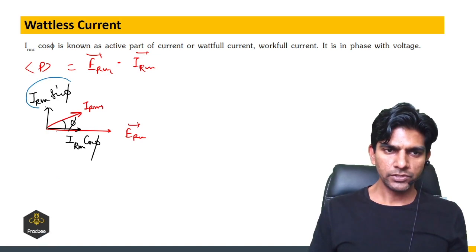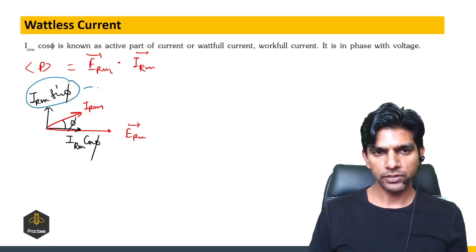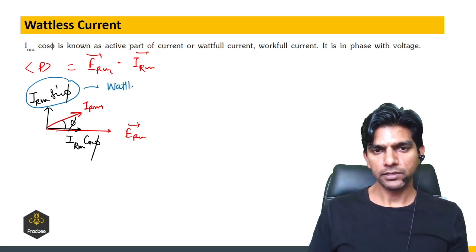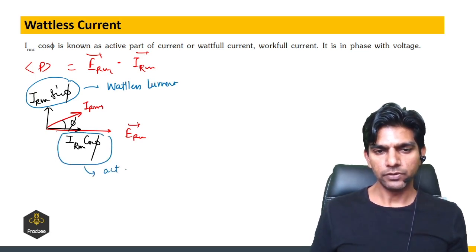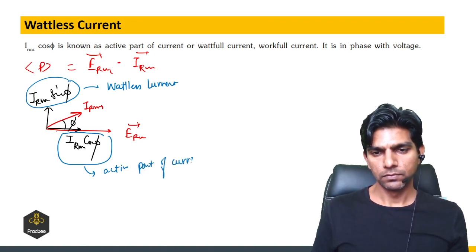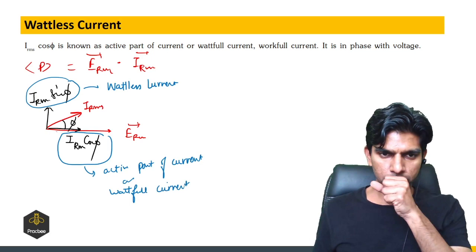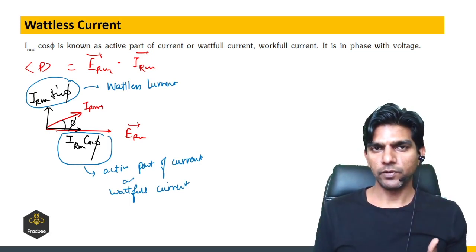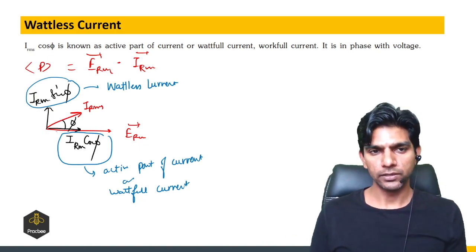Now this component which is normal to E RMS, which is not contributing towards the power, is known as wattless current. And this current is known as the active part of current, and sometimes we can also call it wattful current. Right? So if the question says find the wattless current, it will be I RMS times sin phi.